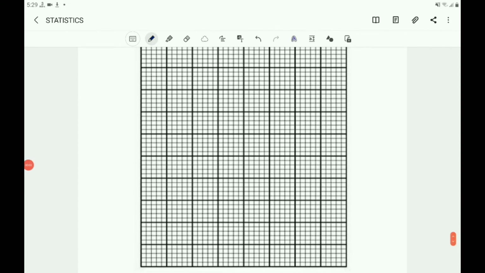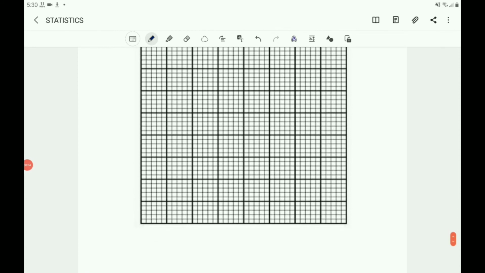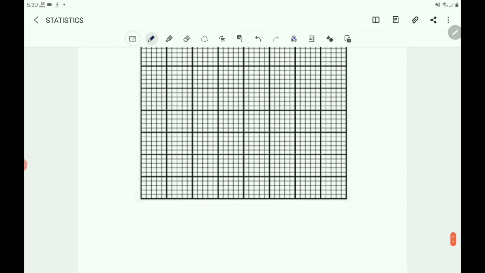Now you come to the graph. Take the upper limit on the x-axis, and cumulative frequency on the y-axis.